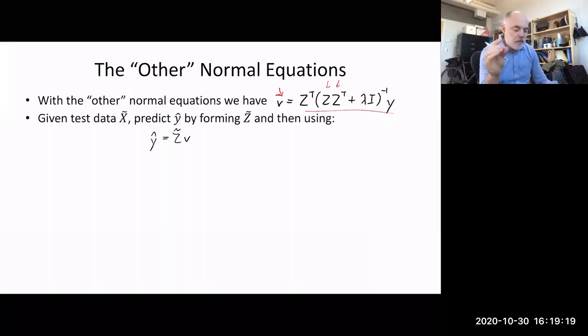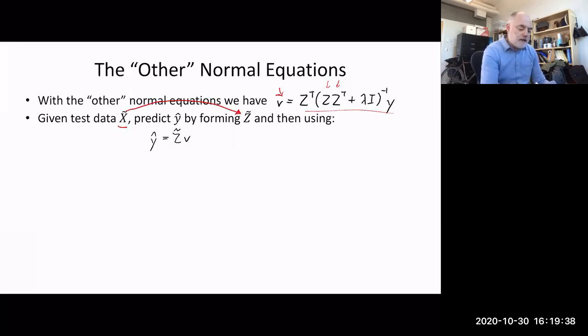Let's think about how we produce test predictions. If we have test data x tilde in our notation, we can use our basis expansion to form z tilde.